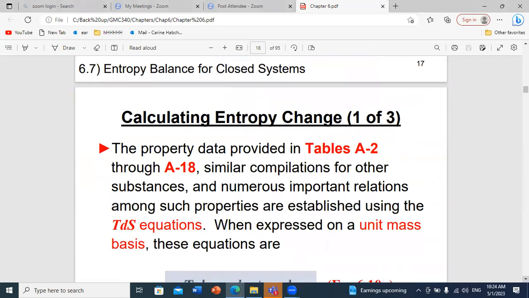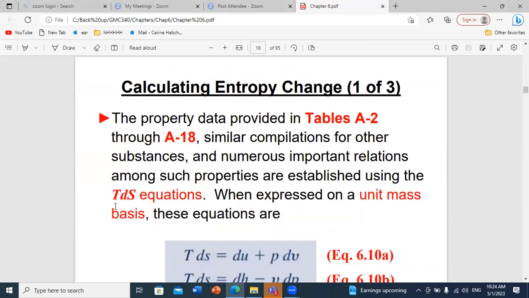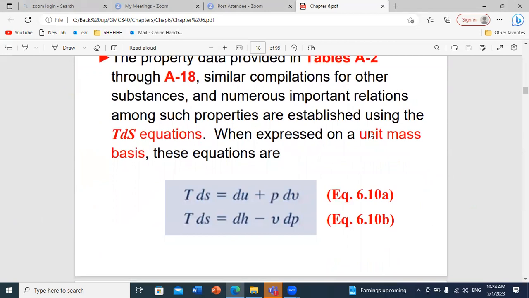So let us first define equations that will be helpful for us to evaluate a graph of T as a function of S. You should know the following relations. TdS can be computed in two different ways, and which way to select depends on what we have.